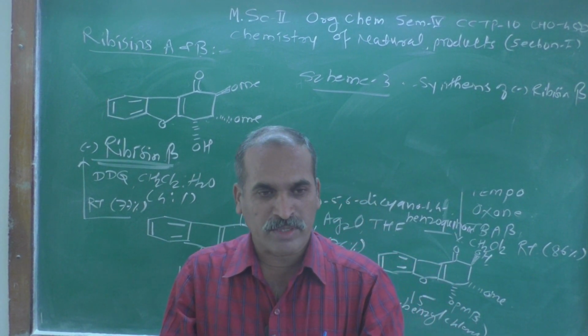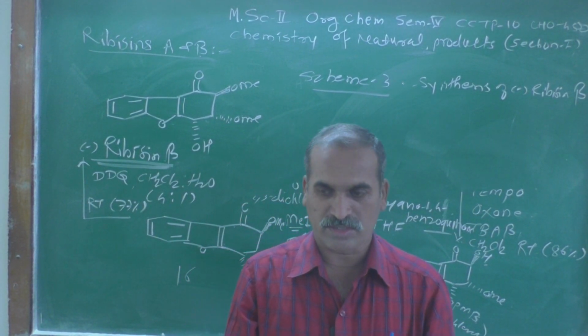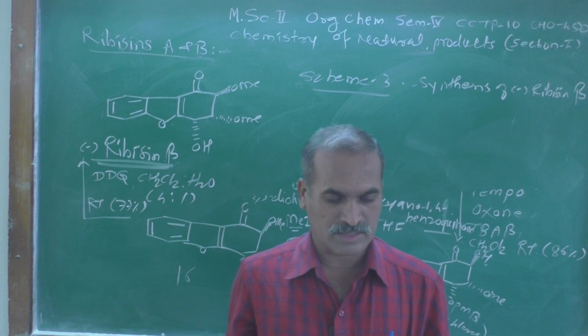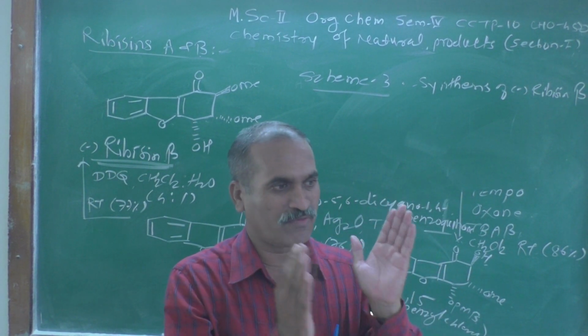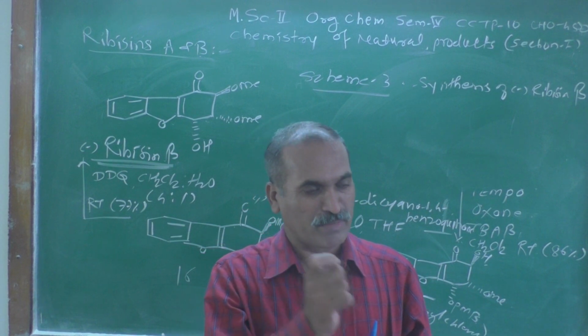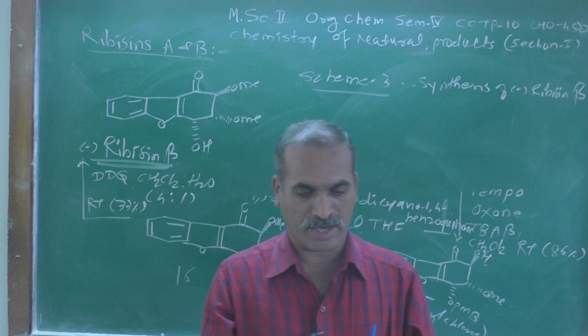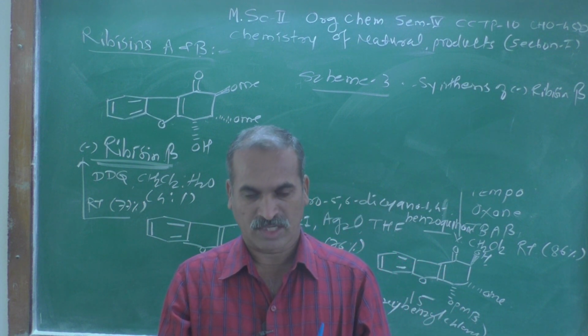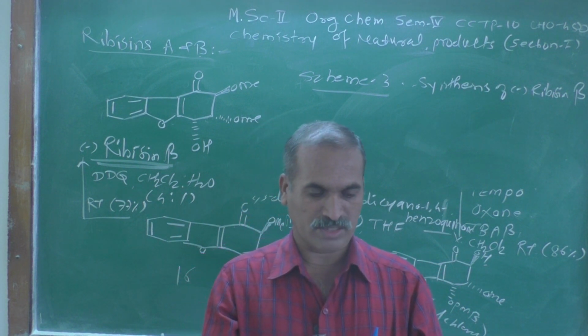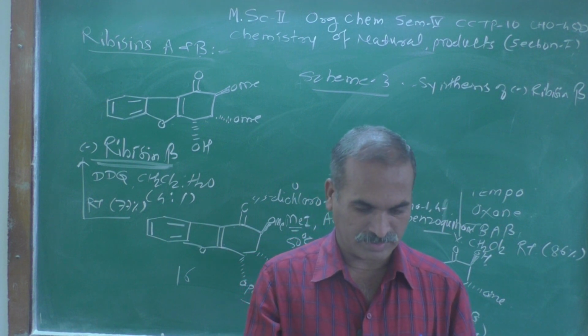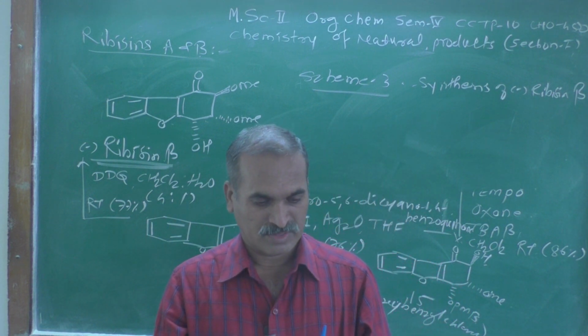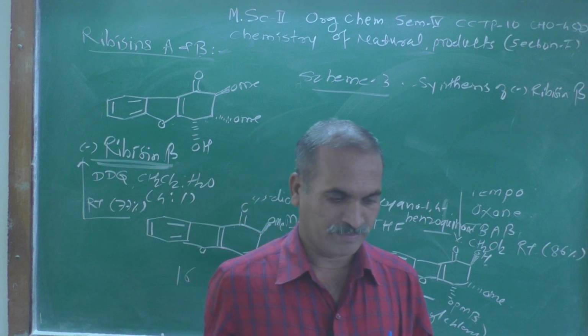Do you remember what we were discussing yesterday? I think we were discussing the synthesis of ribosine B. B minus indicates optical activity, whether it shows as levorotatory, that type of concept.